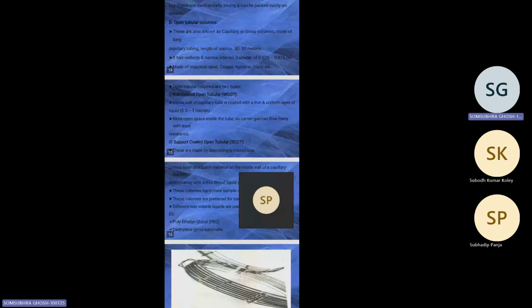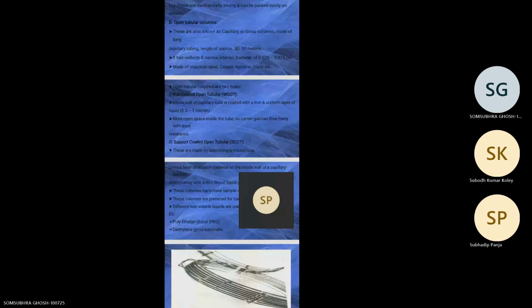Whereas support coated open tubular means that the inner wall is coated with liquid stationary phase over a solid support substance. Some certain type of solid support material, solid porous material, or solid adsorbent may be used as a stationary phase and coated with some specialized liquid.